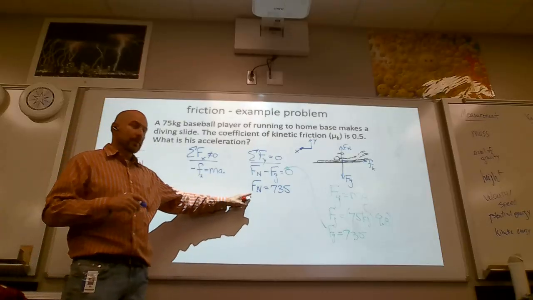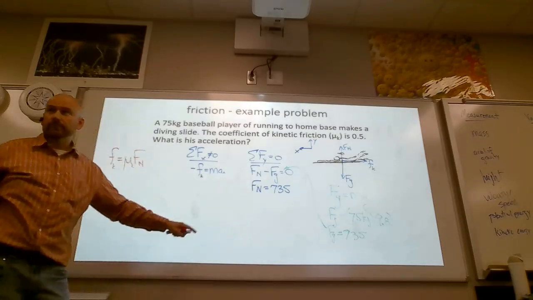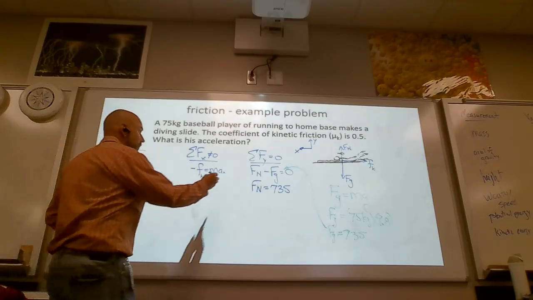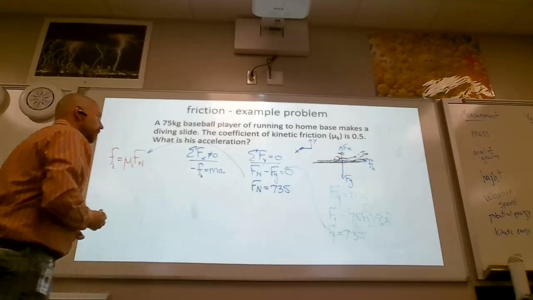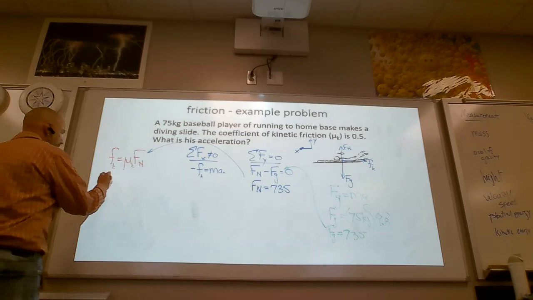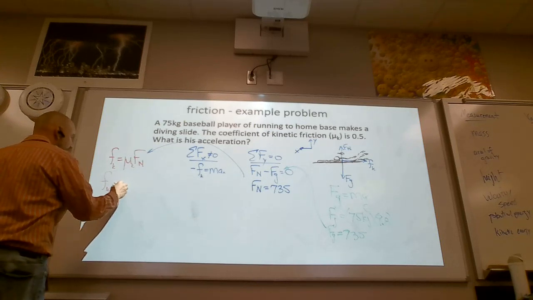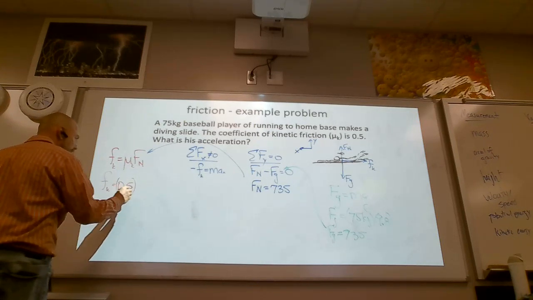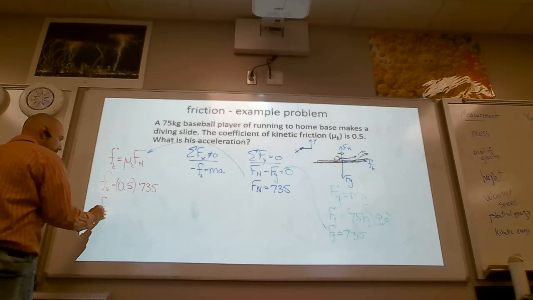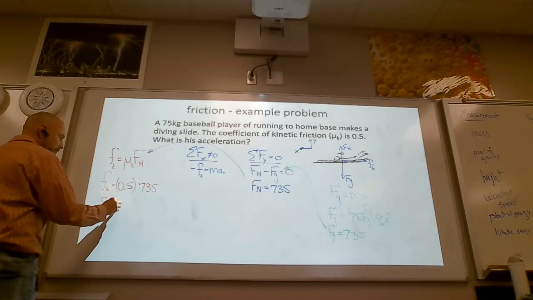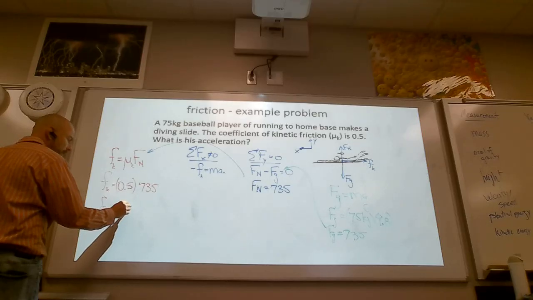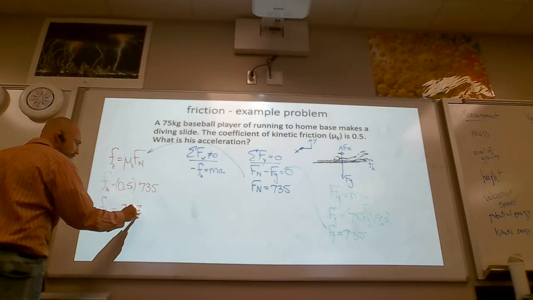What then can I do with my normal force? Okay. Oh, crazy, right? So you have kinetic friction is equal to 0.5, the coefficient, times 735. So kinetic friction is equal to 367.5.